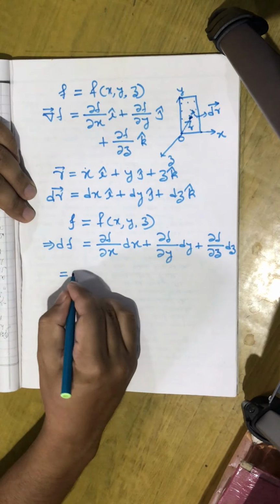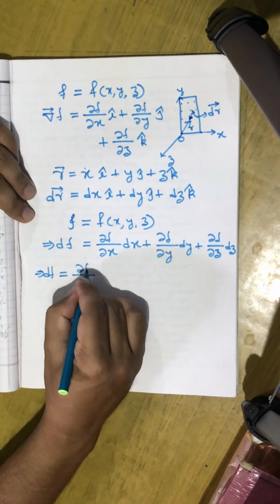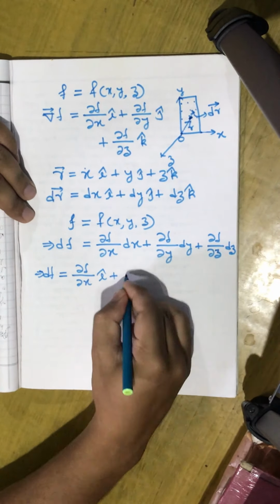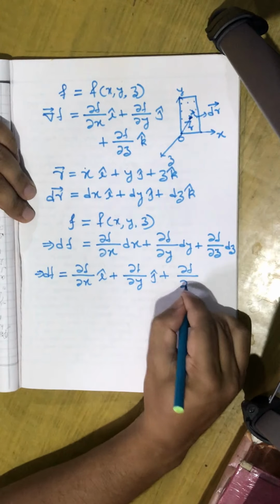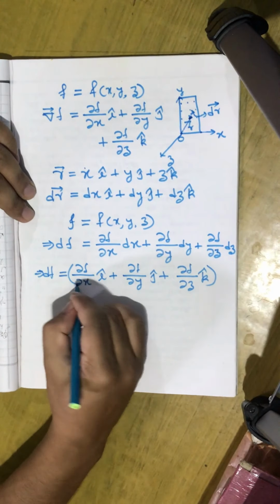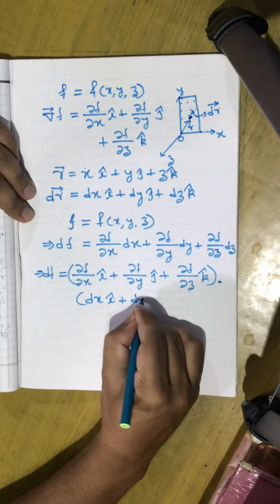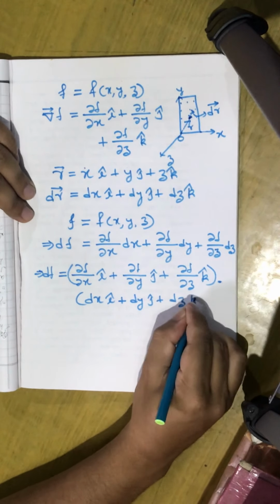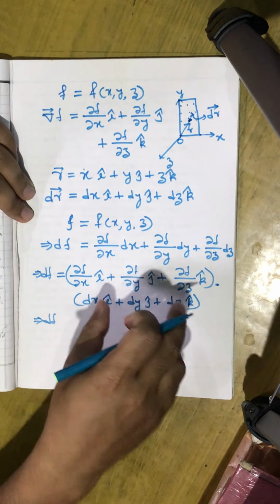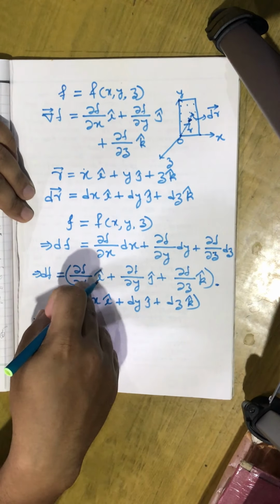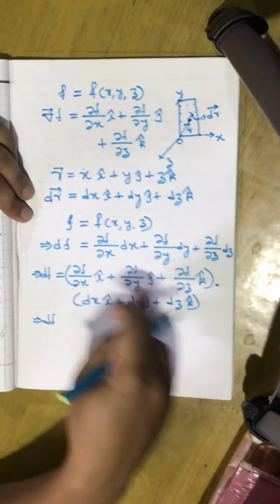So df, we can write, del f by del x into i cap plus del f by del y into j cap plus del f by del z into k cap, dot product with dx into i cap plus dy into j cap plus dz into k cap. So for df, del f by del x i cap into dx i cap: i dot i gives us 1, i dot j is 0, i dot k is 0.